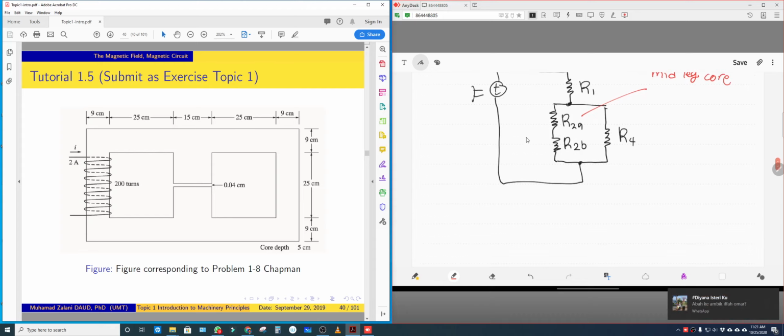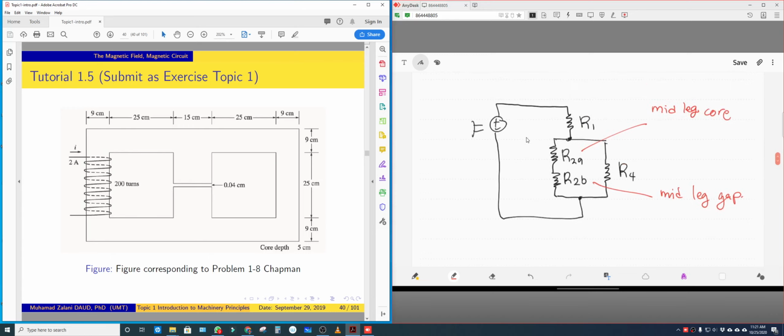Okay, and R2B refers to the mid-leg air gap. Now, in this case, since this involves the reluctances in the form of not only series but also in parallel, we have to solve for the parallel reluctances as total reluctance, right?